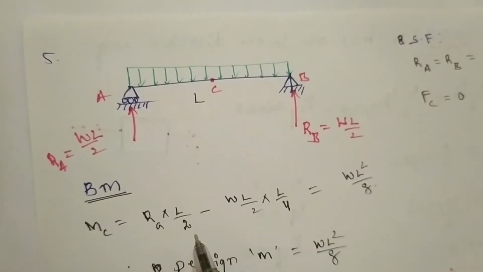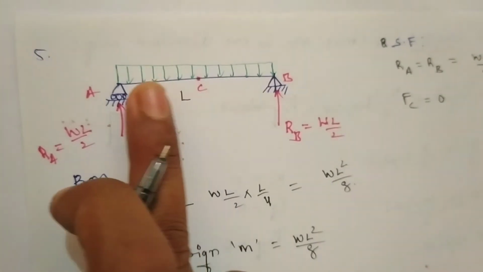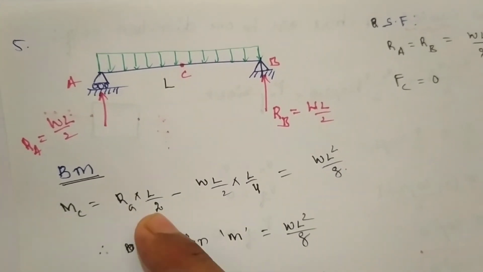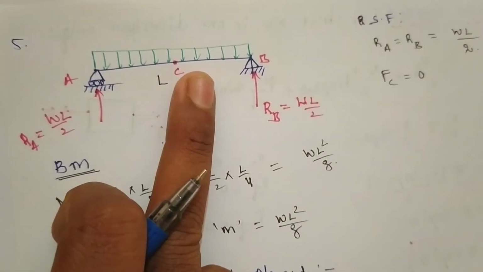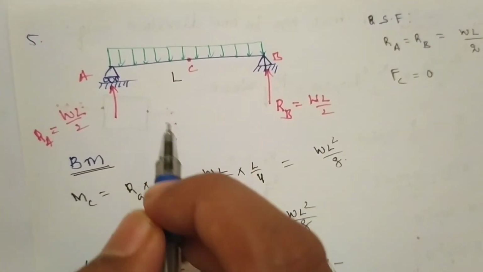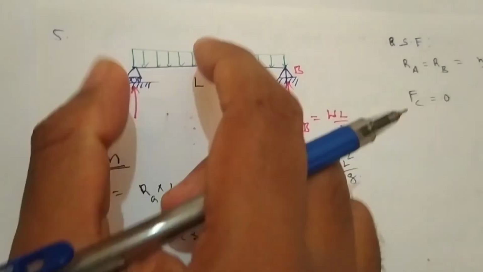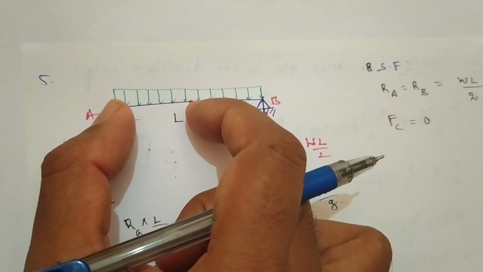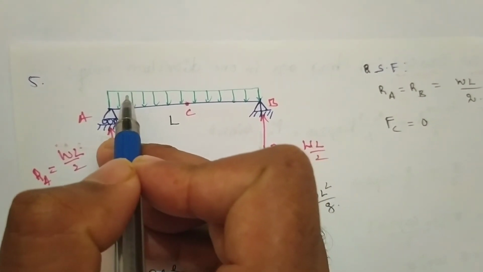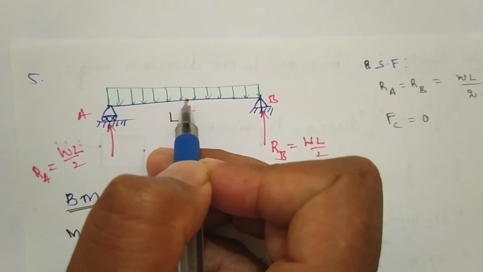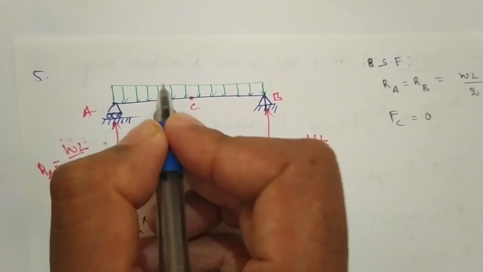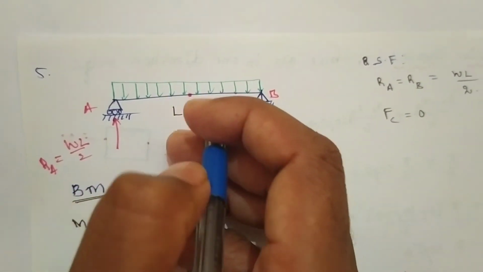Bending moment at points A and B are both 0. Bending moment at point C equals RA into the distance from A to C, which is L by 2, minus the uniformly distributed load converted into a point load: load into distance. This distance is L by 2, and its center is at L by 4.